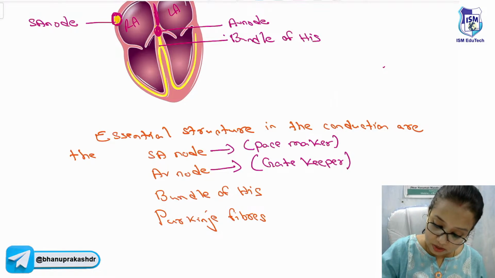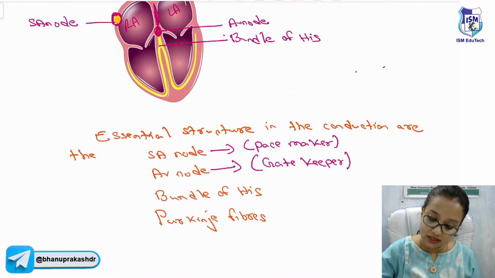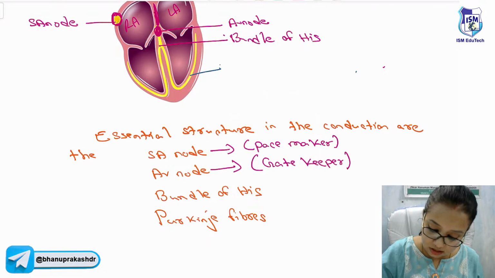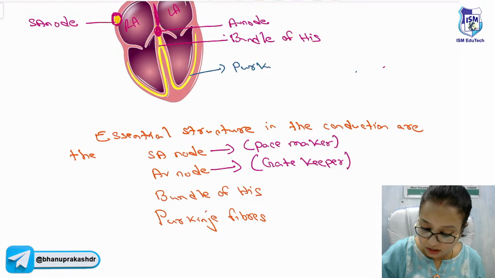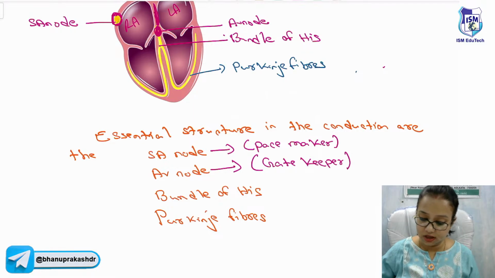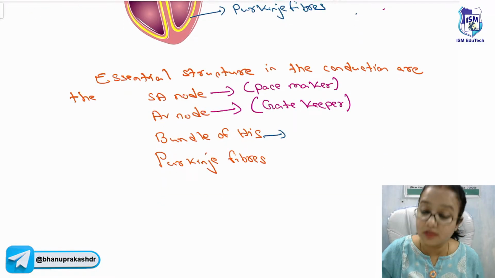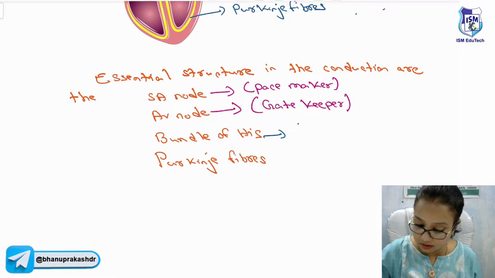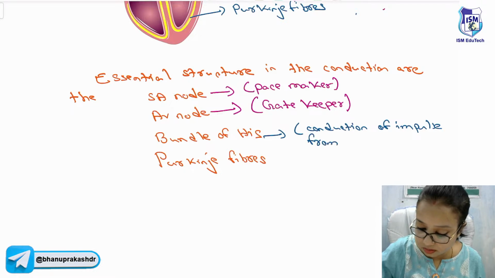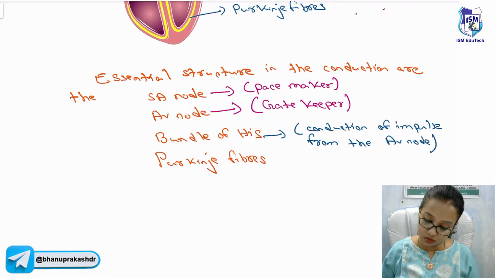Now this bundle of His on either side again branches out into the Purkinje fibers. Okay. Going by the function, the bundle of His is for the conduction of impulse from the AV node. Okay.